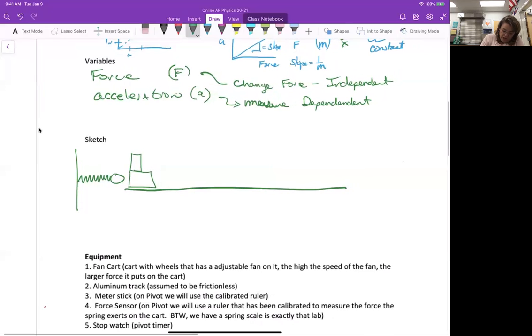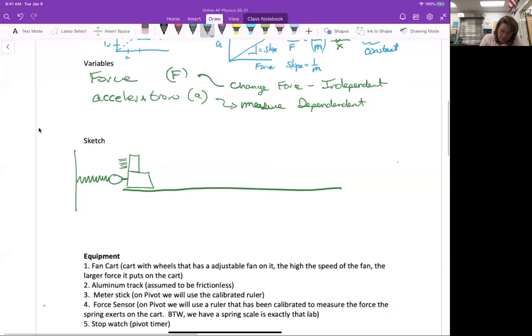And there's a string attached to that that I can cut. Okay. And this picture we'll assume is right before I cut it. So the fan is on. The spring, when I had the fan off, would have been stretched maybe just to there. Okay, because then when I turn the fan on, the spring gets stretched, but it holds the fan.